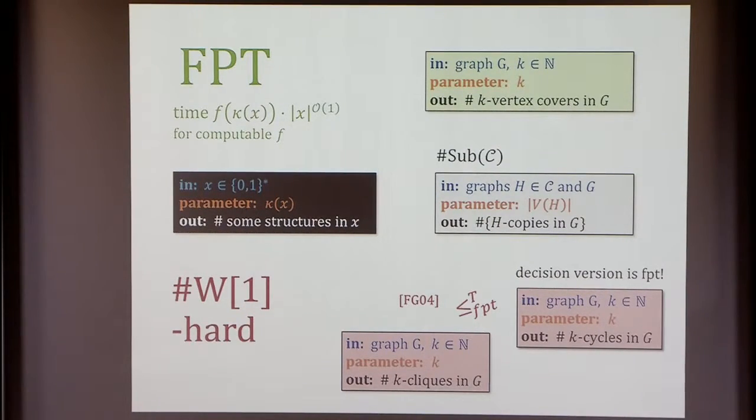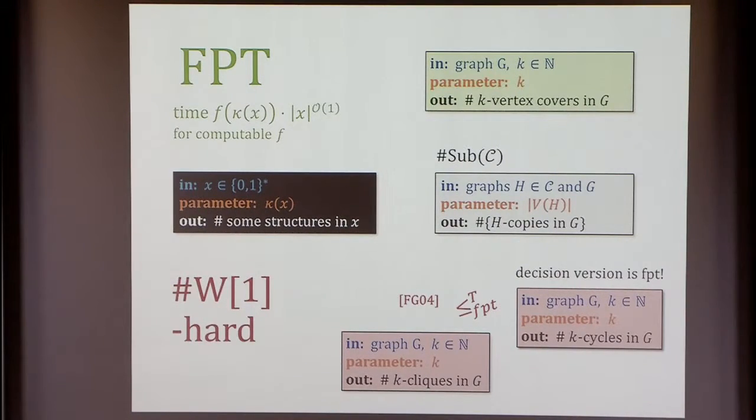So you can solve it in exponential time in k times polynomial in n. So in a way, this is comparable to the #P-hardness result for counting perfect matchings. Here we have a problem whose counting version is hard, but its decision version is NP-hard, but FPT.